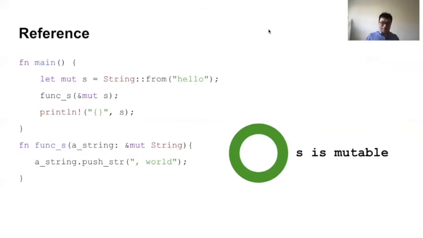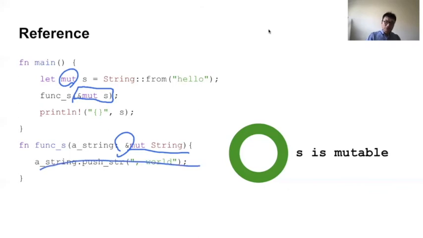You can define this address as being for a mutable string. Here you also need to say this is the address of a mutable string, this is a mutable string. So you need to specifically tell that this string is mutable. Then when you call a function, you pass a mutable string, and inside the function, you take a mutable string. Then you can start to do this.